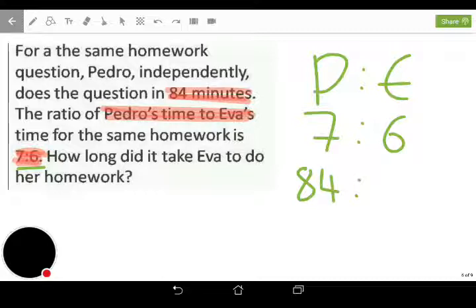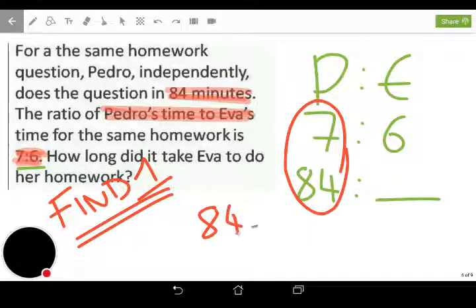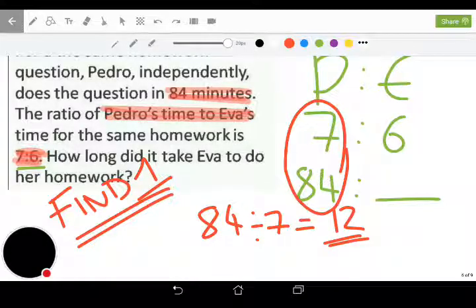So again, what I want to do, as with all ratio, is to find one part. If I find one part, I can therefore find 6 parts. So if 84 minutes is 7 parts, I do 84 divided by 7, and that gives me 12. So one part of this ratio is 12 minutes.